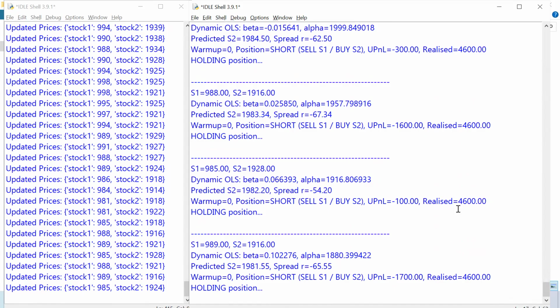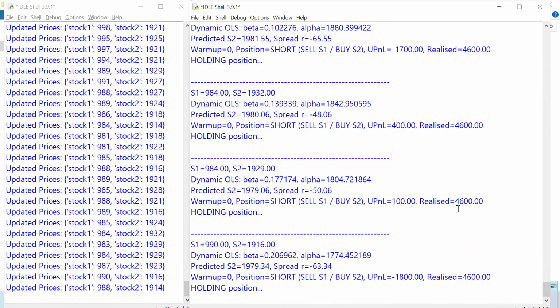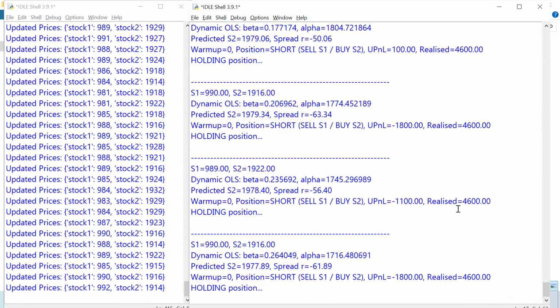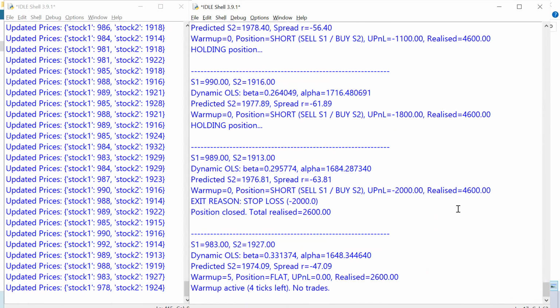Still, we are holding the position. Okay, we close the position with minus 2000.